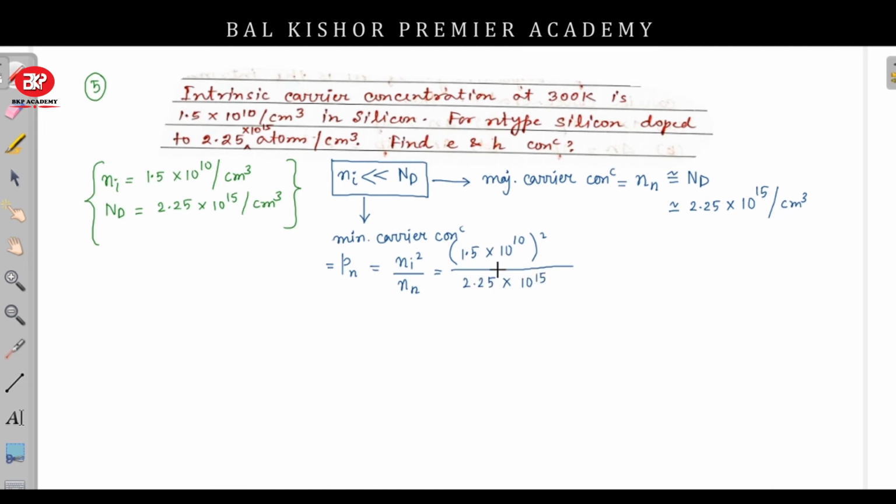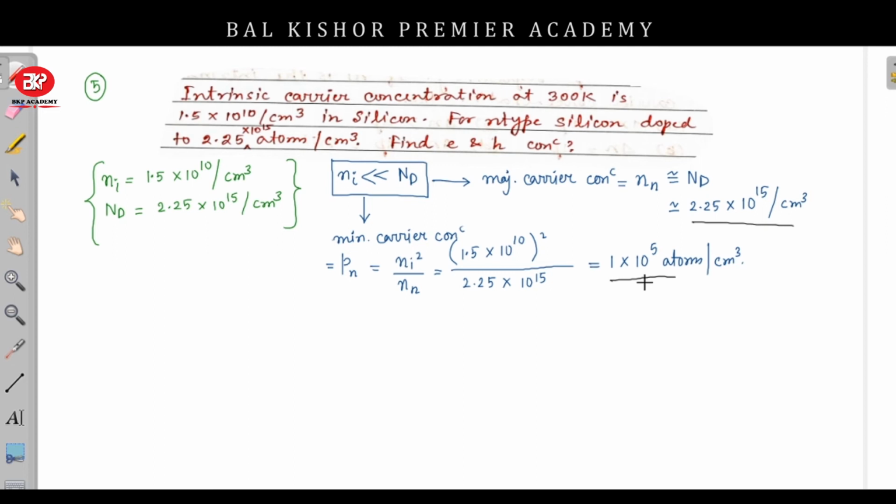If we calculate this, the value will be 1 into 10 to the power 5 atoms per centimeter cube. So it will be the minority carrier concentration. So you can see we have calculated the electron concentration, and we have also calculated the hole concentration.